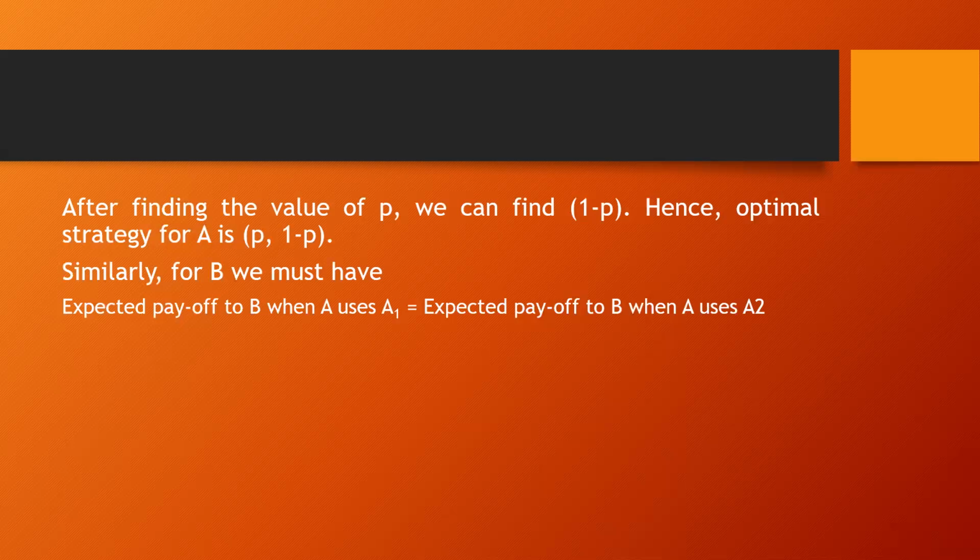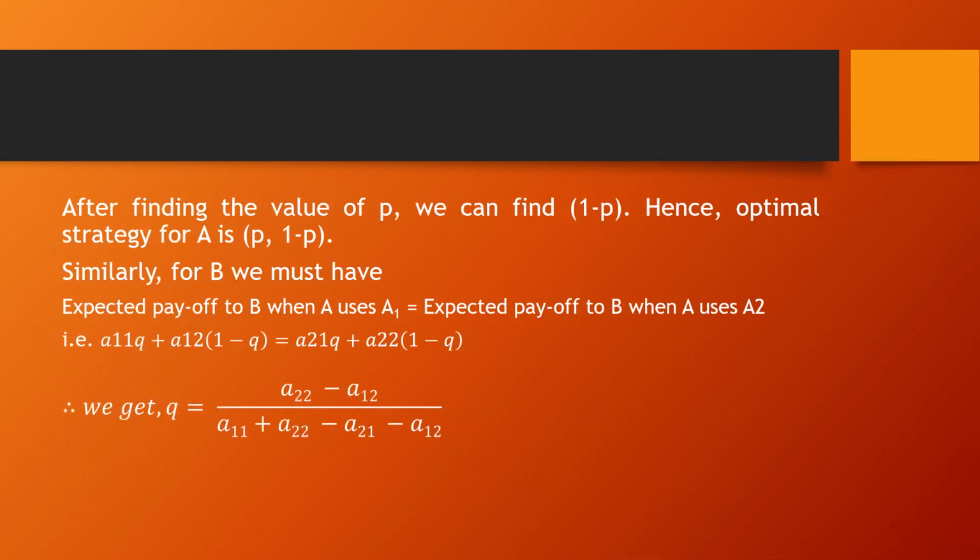The formula will be Q equal to, again, look at the last column values, but this time we are going to refer not to the last row, but the last column, because we are talking about the player B. So it is A22 minus A12, and the denominator remains the same, that is A11 plus A22 minus A21 minus A12.